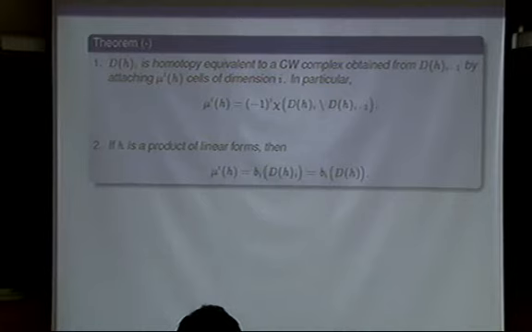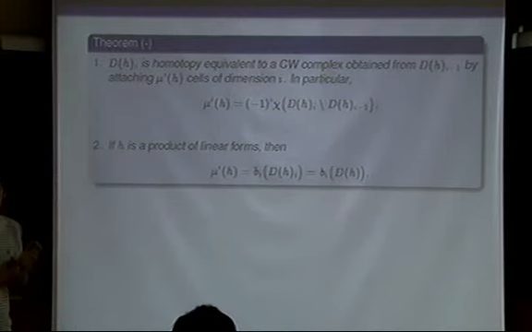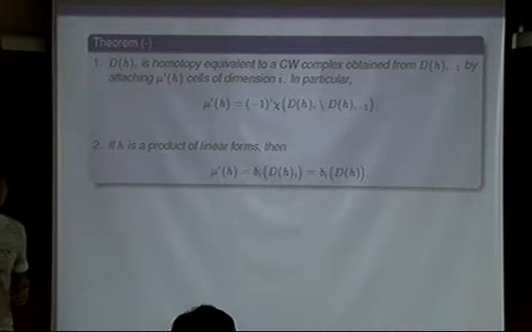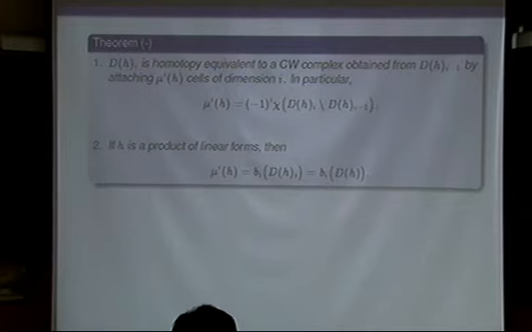And this second part will be important in our approach to the combinatorial conjecture, which says that if H is a product of linear forms, which means that its set of zeros is just a bunch of hyperplanes in the projective space, then mu_i(H) is not just the number of cells attached in that CW structure, but it's also the Betti number of the complement of the projective hypersurface, which means that all the attaching maps are homologically trivial.